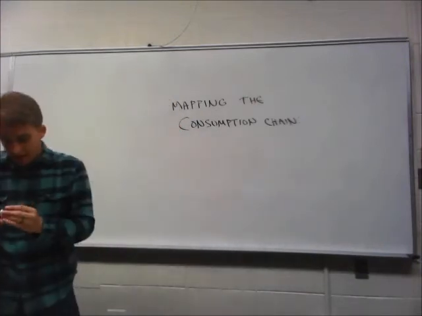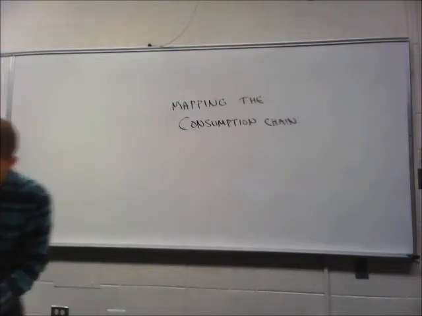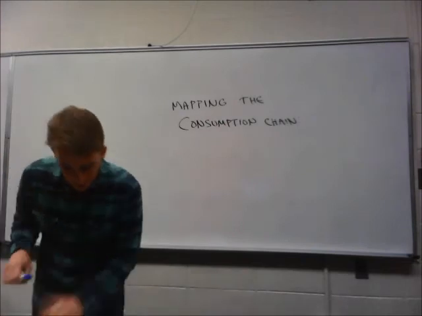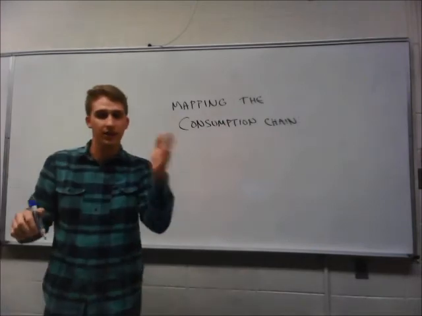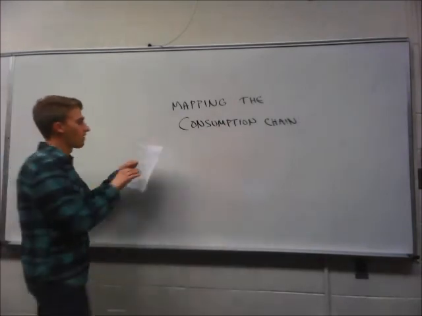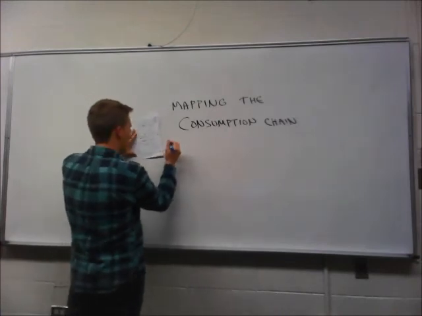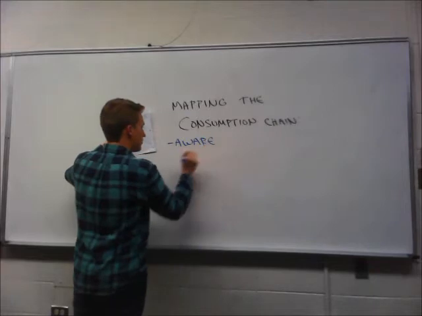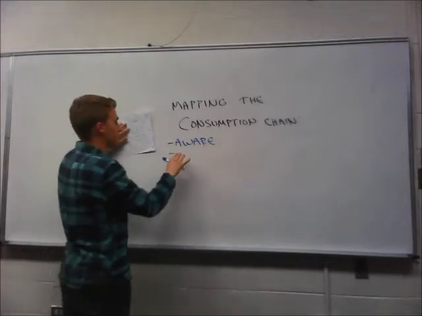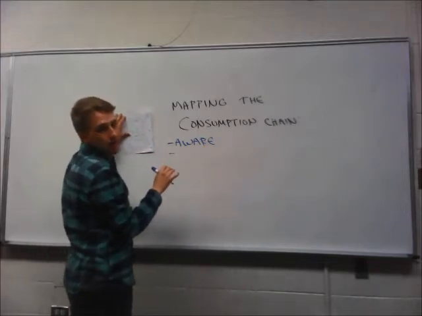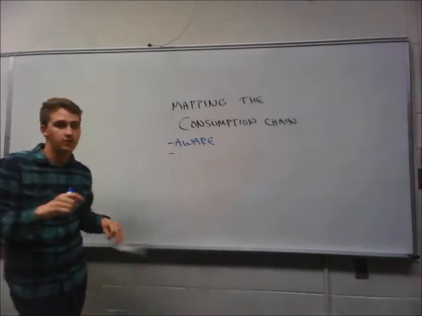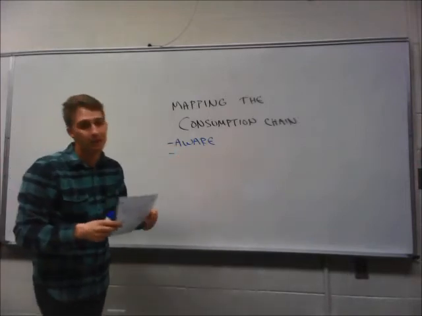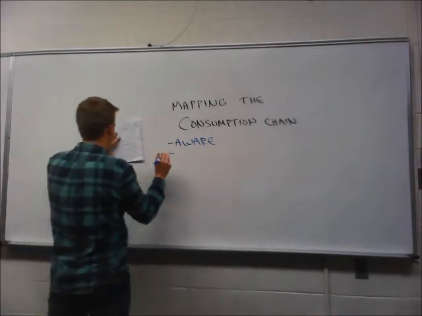So I guess I can write down real quick, the book spends a few pages going through each step, so I'll write those down. So this is how do your customers become aware of it, whether it's through TV or radio or billboards, and then maybe you could find a better way to advertise your product.